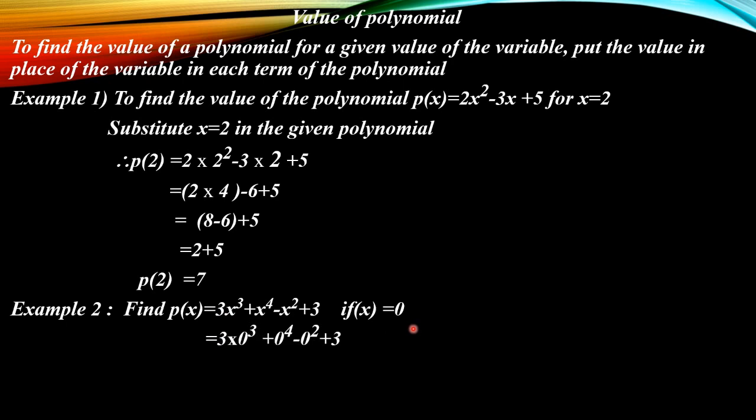So substituting the value of x = 0 in the given polynomial, we get 3 × 0³ + 0⁴ − 0² + 3. So P(0) = 0 + 0 + 0 + 3, and that is P(0) = 3.